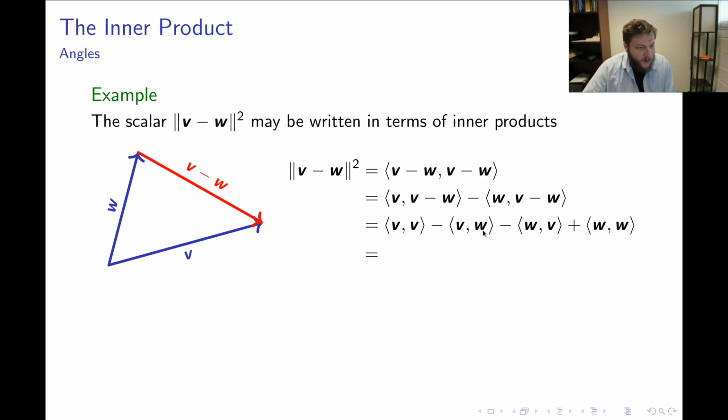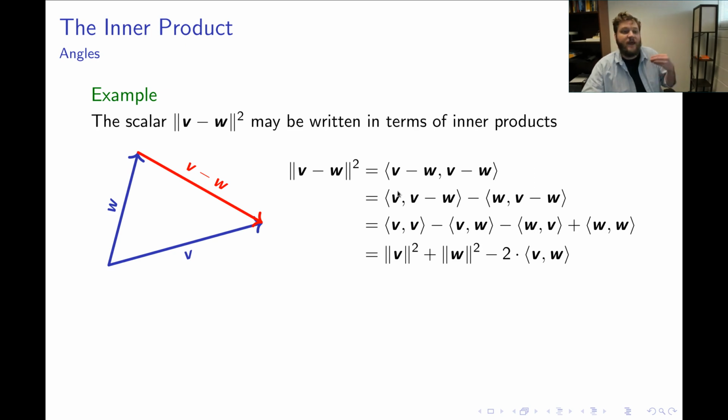So now I have 4 inner products here, but I could actually clean this up a little bit. We know that the inner product of v with v is the length of v squared. The inner product of w with w is the length of w squared. And these two terms in the middle are actually the same by the commutative property. So this is minus 2 times the inner product of v with w. So that's one way to calculate the length of v minus w squared.